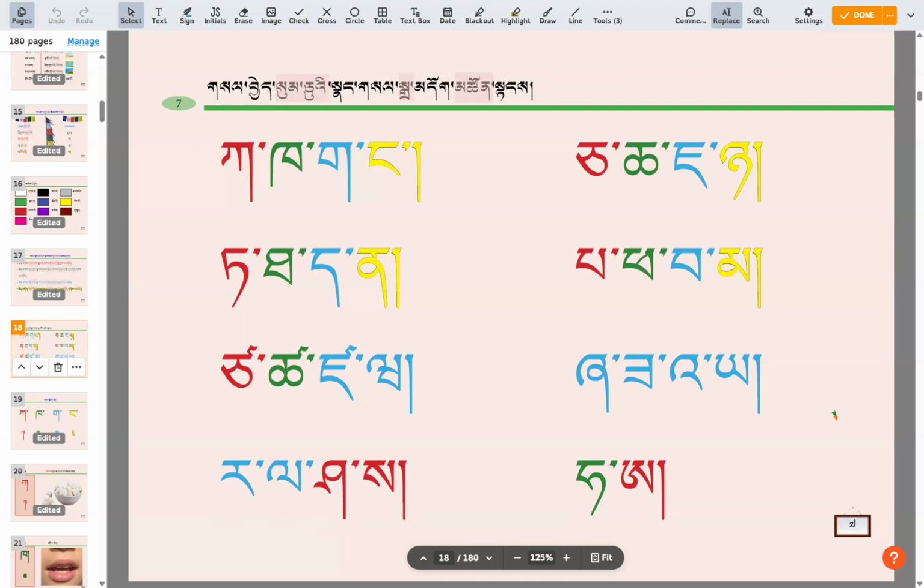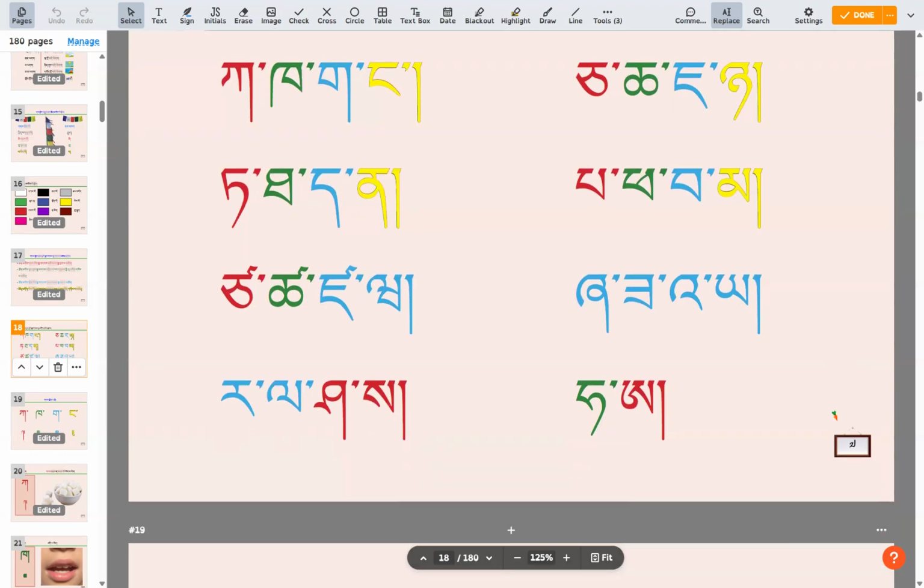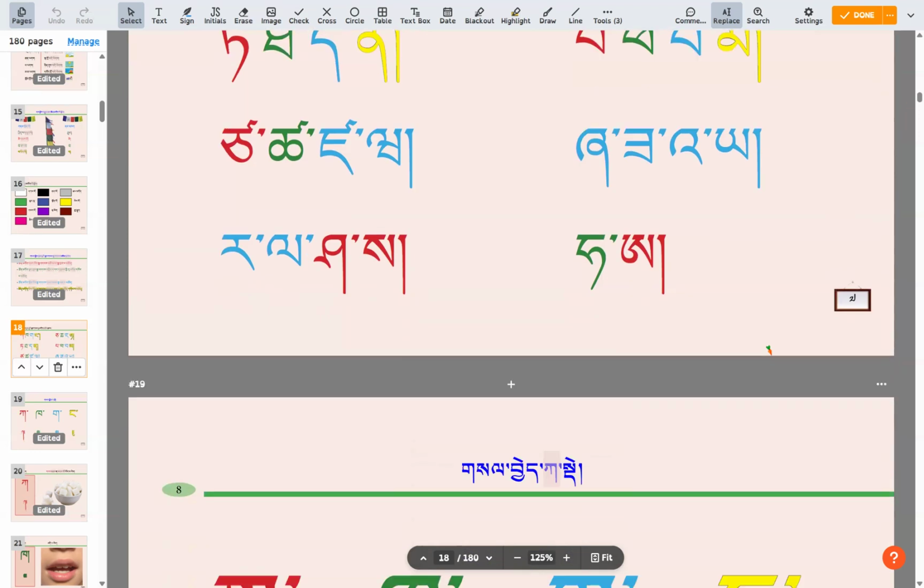I hope that's clear. Let's move on to the next page.